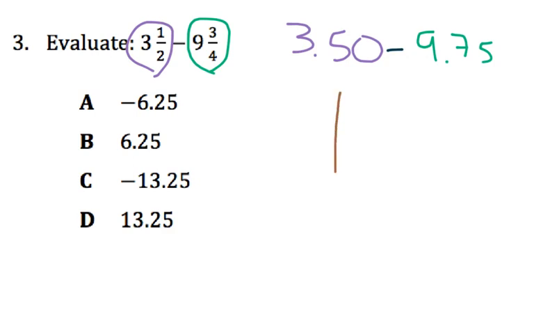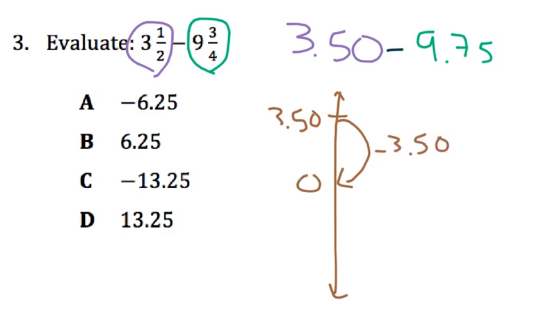Cool. Now I got a subtraction problem, and I'm subtracting a bigger number, so I know we're going to go below 0. So let's check that out on the number line just to make sure we're good. 3.50 minus 3.50 is 0. And then I just want to figure out what do I have left to subtract. You could do that in your head, but I want to subtract a total of $9.75, and I've already subtracted $3.50, so that means I have $6.25 left to go down.